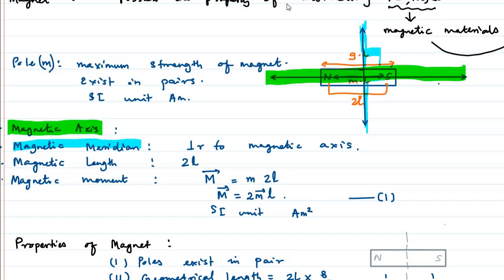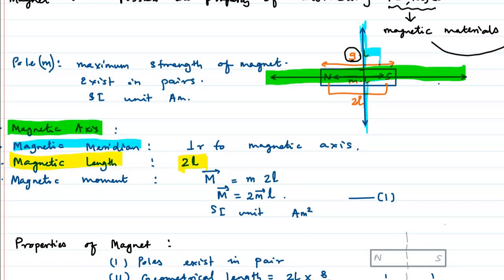If the magnet is 10 centimeter, then it is 10 centimeter in geometrical length, but the magnetic length will be a little bit more or less depending on where the poles are situated within the magnet. That we call the 2L magnetic length.